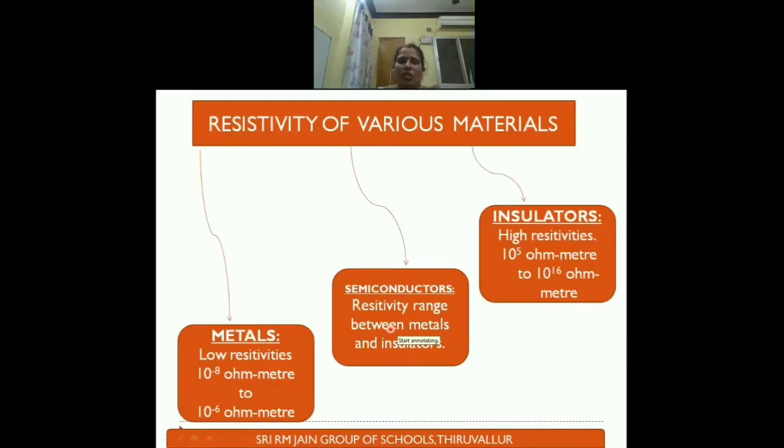Examples of semiconductors are silicon and germanium. So based on resistivity, we divide materials into metals, insulators, and semiconductors.